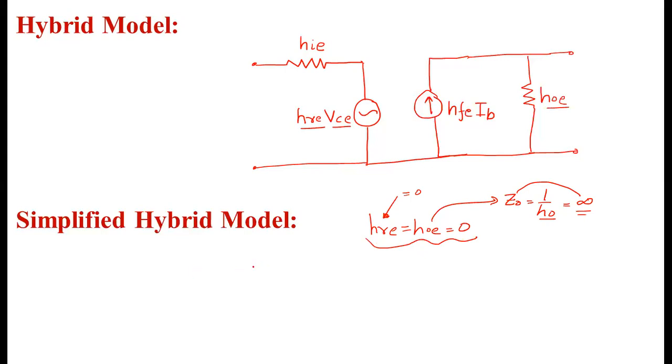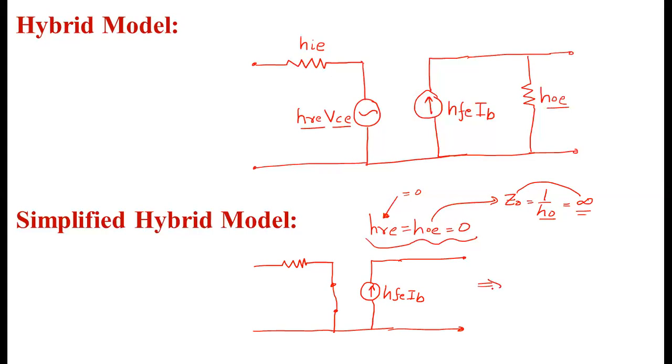Then we draw the simplified hybrid model. For the BJT, we have the simplified model as we have HIE. Here HRE is equal to 0, so we can short circuit this. Here we have the current source HFE IB, and we can remove HOE here since ZO is equal to infinite.